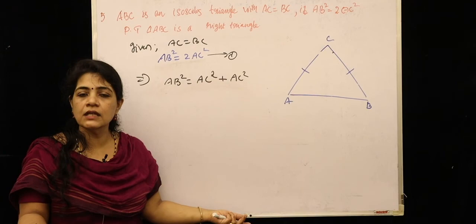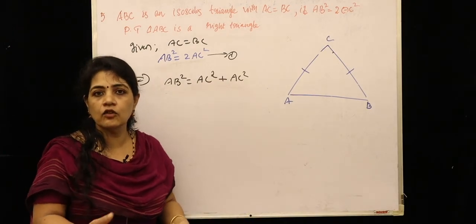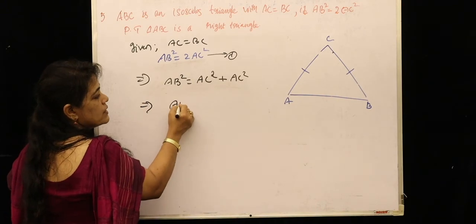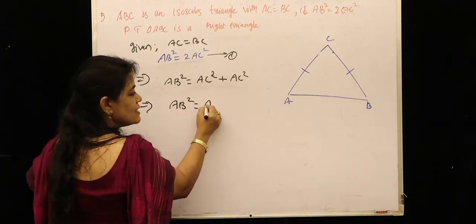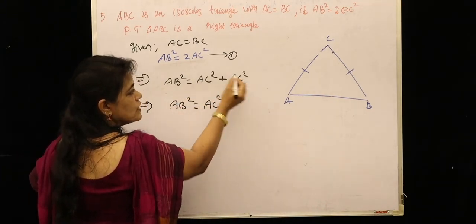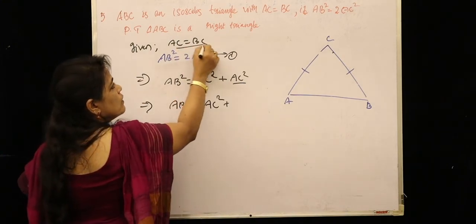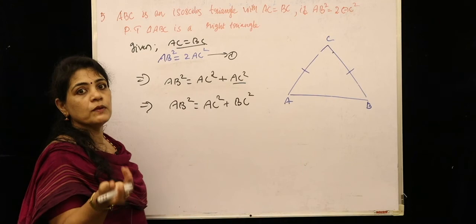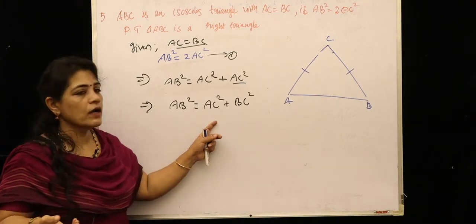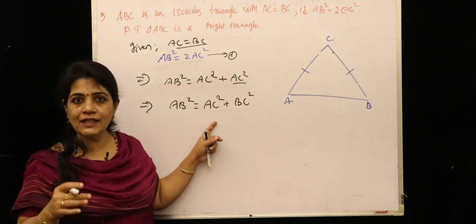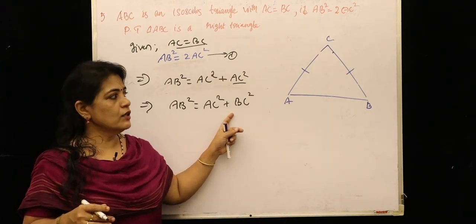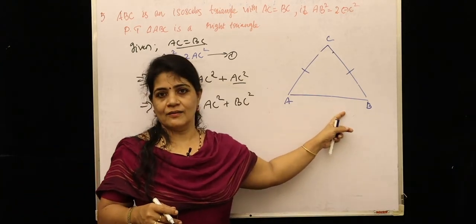AB square equal to AC square, keeping this without any change, and for this AC, BC square, since AC equals BC. So from this we got that the sum of the squares of these two sides is equal to AB square.